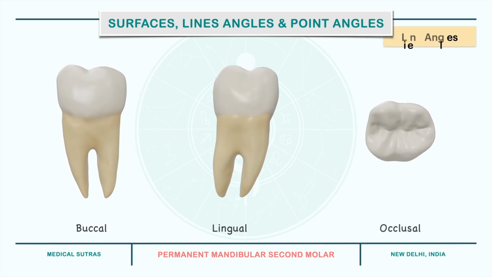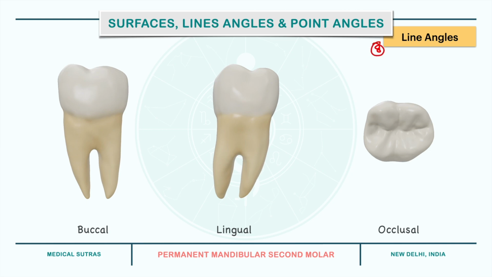Then there are 8 line angles. These include mesiobuccal line angle, distobuccal line angle, mesiolingual line angle, distolingual line angle, bucco-occlusal line angle, mesio-occlusal line angle, linguo-occlusal line angle and disto-occlusal line angle.